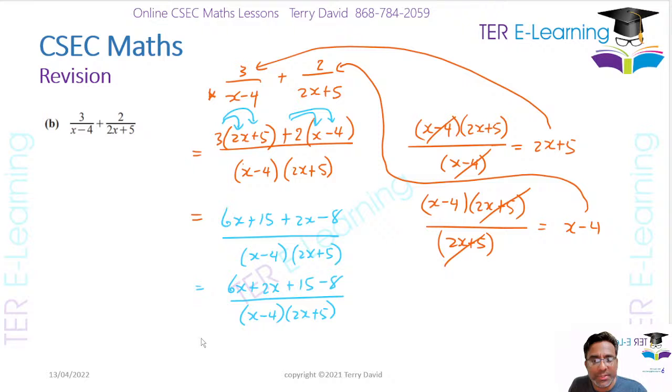So 6x plus 2x is going to give me 8x, and then 15 minus 8 is going to give me 7, all over x minus 4, 2x plus 5. So that's my answer there. That's what I'm going to get when I simplify this.